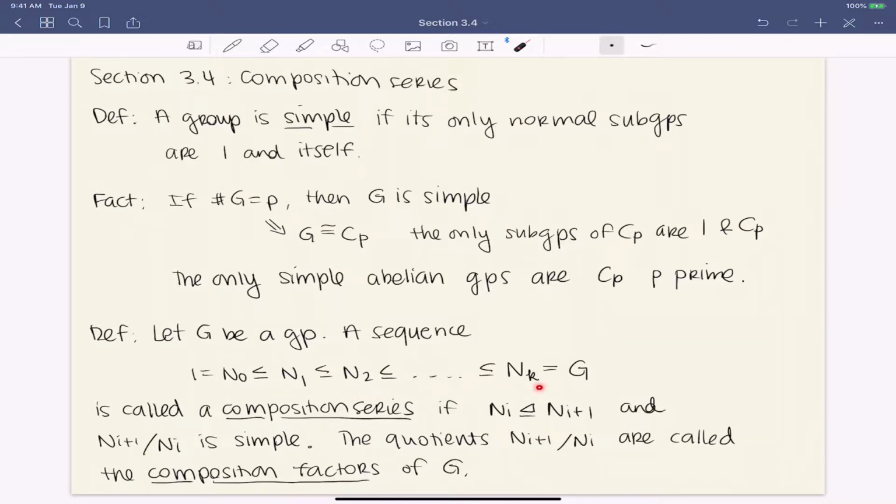This composition series is kind of like factoring the group G into prime numbers, because you're building it up, and at every step, N_1 mod N_0 is just N_1 because that's mod 1. That's a simple group. And then to go from N_1 to N_2, the quotient is simple. So going up each step is like multiplying by the smallest unit that we have, which is a simple group. In this sense, you can think of the composition factors as the prime factors of G. They're the simple groups that show up in G in a certain way.